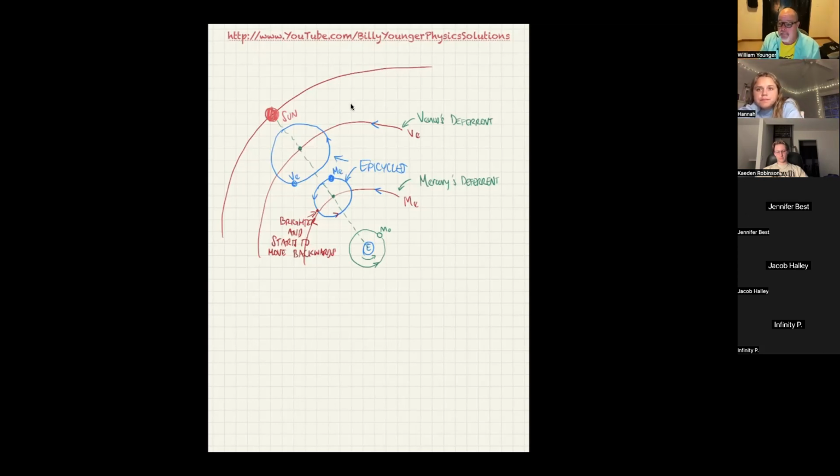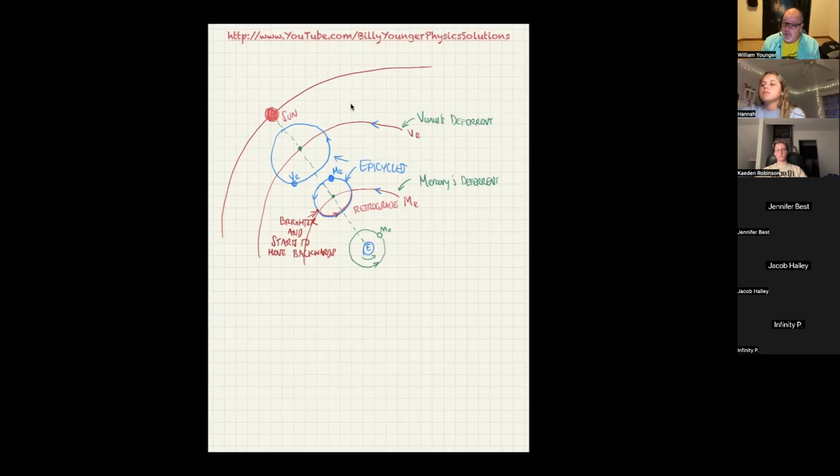Y'all see that? Now that was a feature, and in fact, that was a feature we needed because the people knew that during that period they called it retrograde. That's what this motion is. During retrograde, everybody knew that the planet would get brighter and that it moved the opposite way.